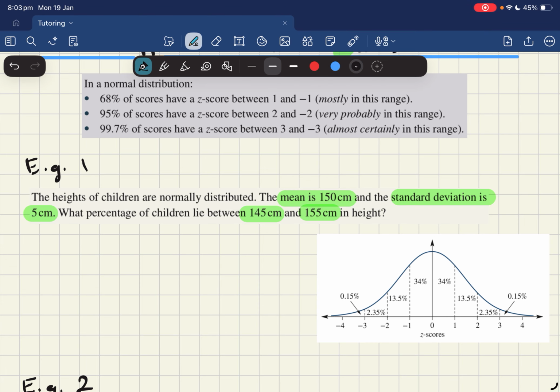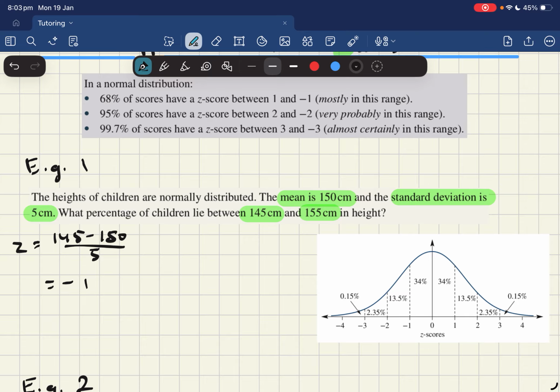Now, in this first example, we are trying to find the percentage of children that lie between 145 and 155. So we want to find the Z-score for each. First, our Z-score for 145: we do our score, 145, minus the mean, 150, over the standard deviation of 5. That gives us -1.